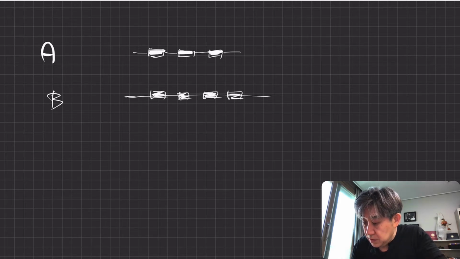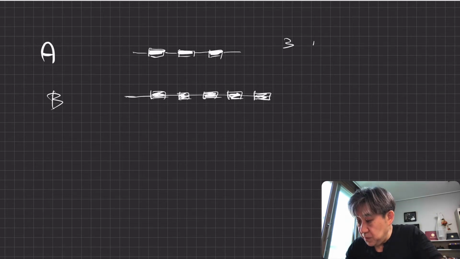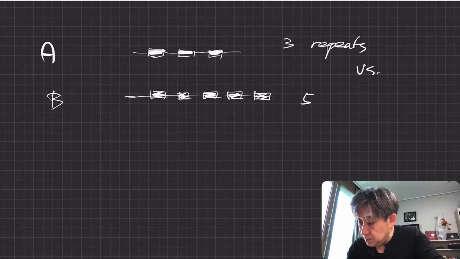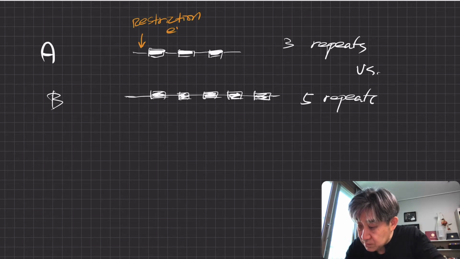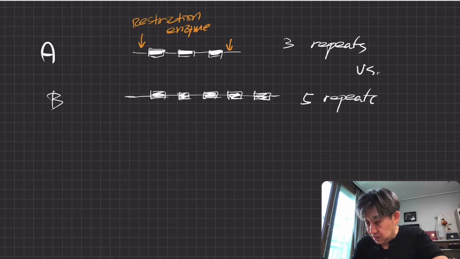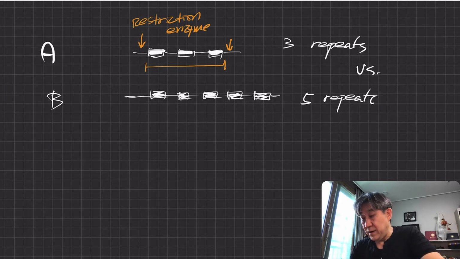The way you can distinguish 3 repeats versus 5 repeats is if you can find an enzyme, a restriction enzyme, that can cut this region so as to preserve the length of the repeat-containing region.